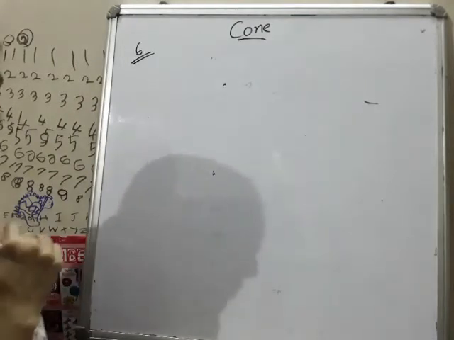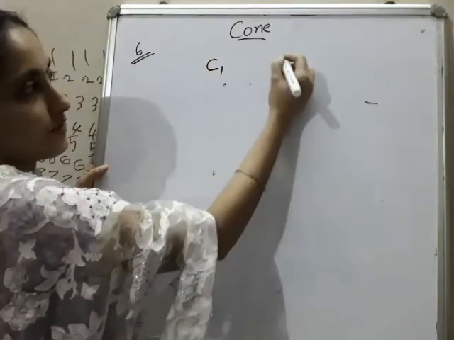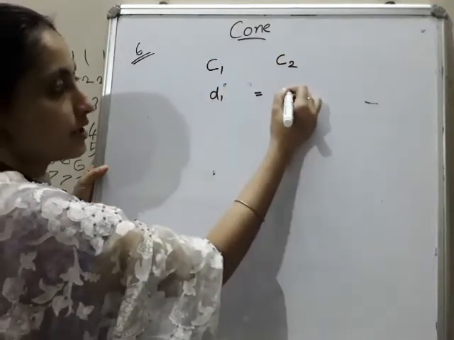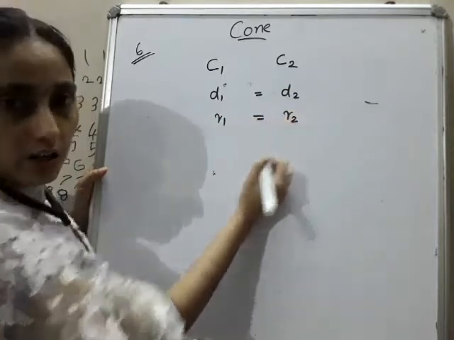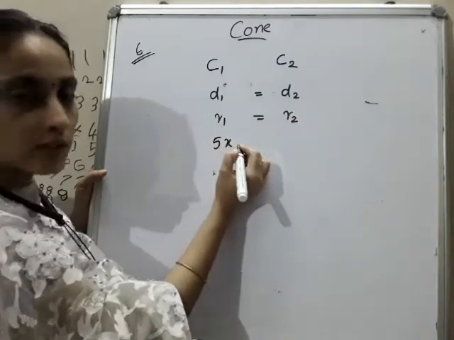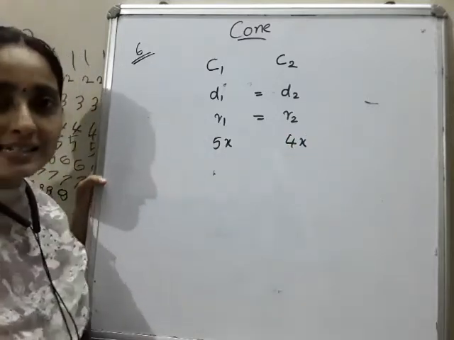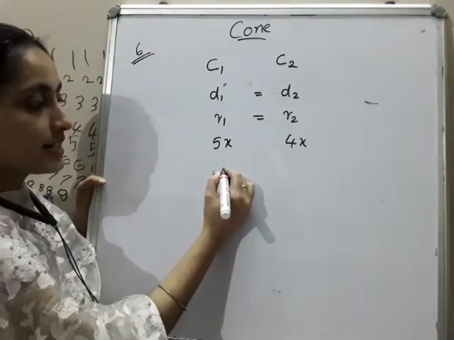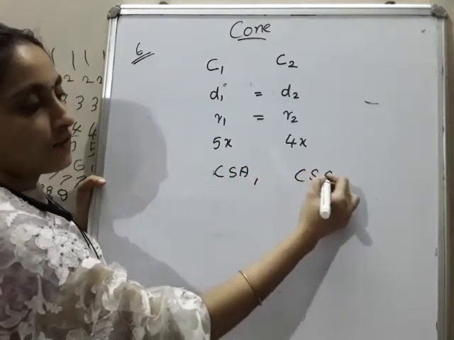The question is: the diameters of two cones are equal. So there are two cones; I will mark C1 as the first cone and C2 as the second cone. Diameters are equal, that is D1 is equal to D2. If the diameters are equal, then the radii are also equal, so R1 will be equal to R2. Then the slant heights are in the ratio 5 to 4, that is 5x and 4x. We have to find the CSA, curved surface area, of the first cone and of the second cone.